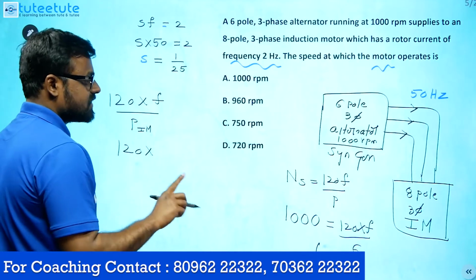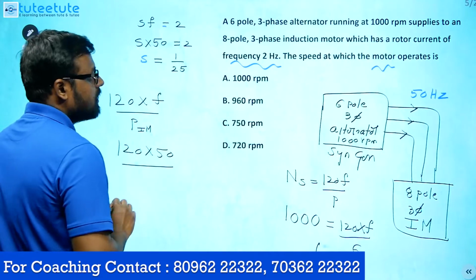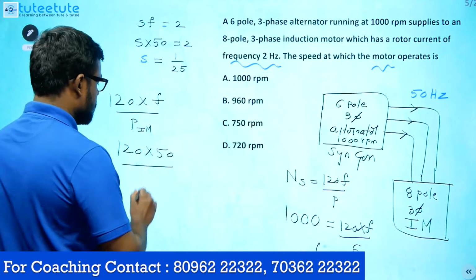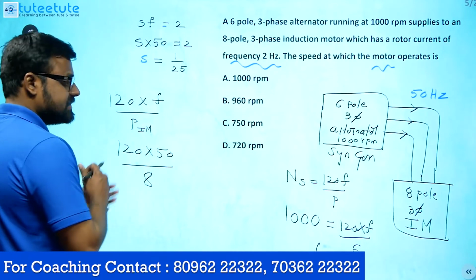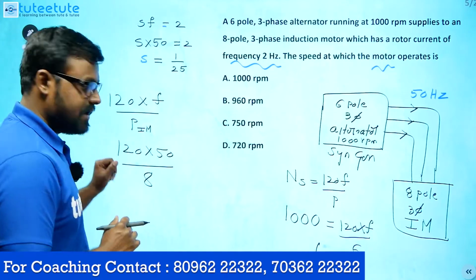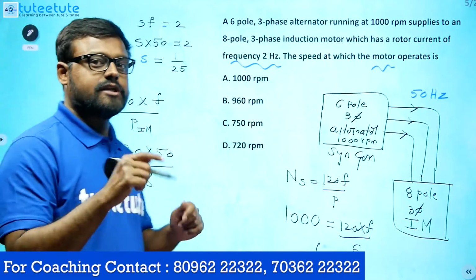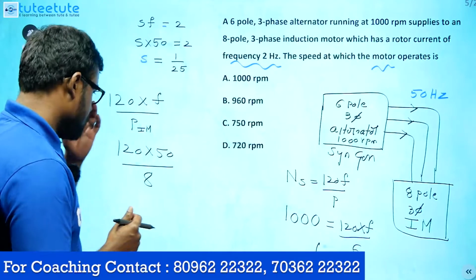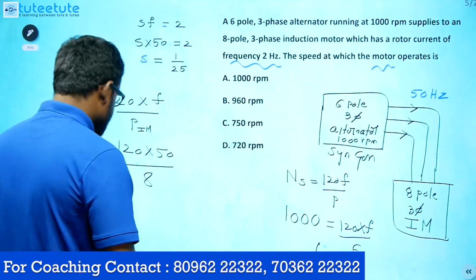F is the frequency of the currents and voltages flowing in the stator, which is 50, divided by the number of poles of the induction motor, which is 8. As simple as that. So this is the synchronous speed. This is the speed at which the rotating magnetic field inside the induction motor is rotating. Fine. Now what is the relation between the speed of the induction motor and this synchronous speed?